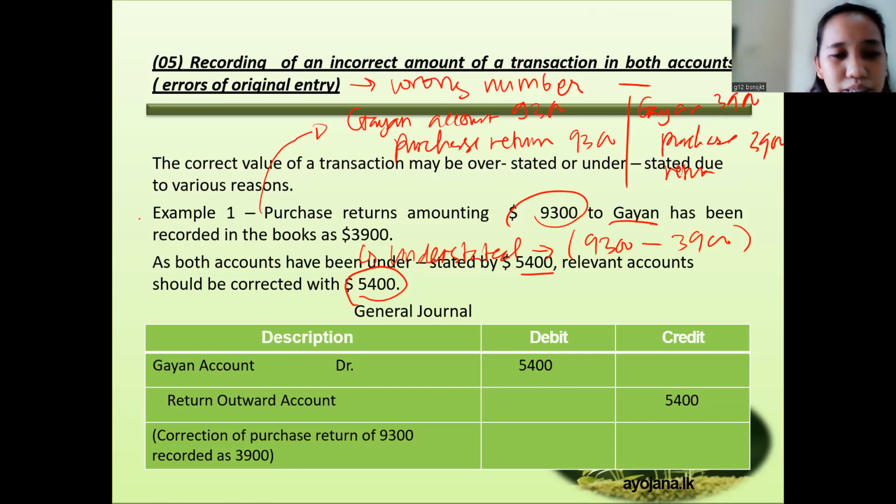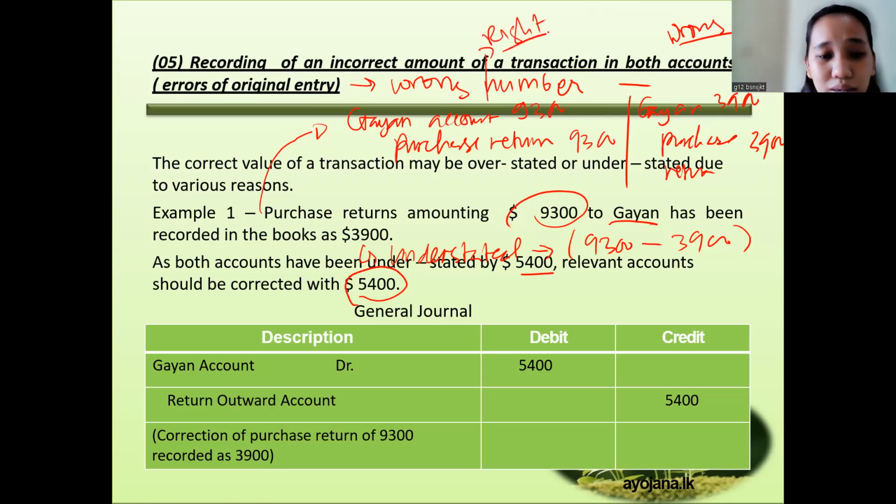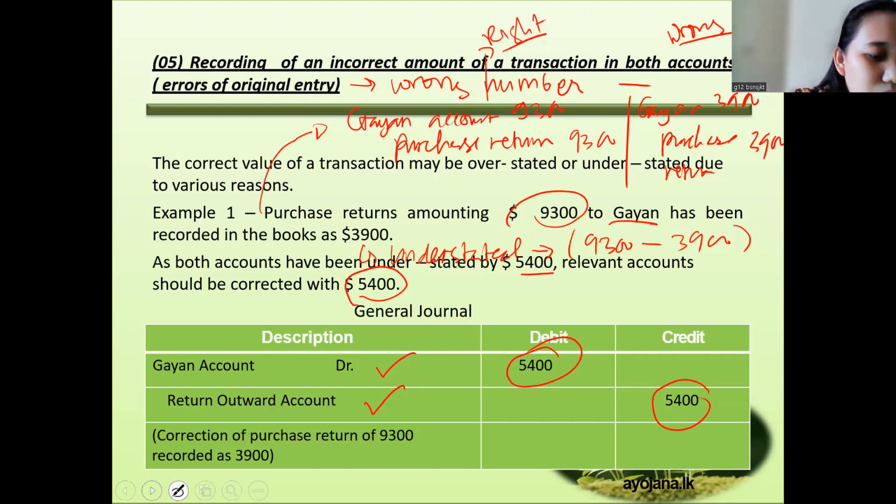For example, purchase return amounting to 9,300 to Gayan. Okay, but we wrote this one. So this is the wrong amount. This is the right amount. So it means that it will be understated. We need to add more. So we add to Gayan, we put it beside. We add to purchase return, or sometimes it is called return outward. We add them at the same position. Just put the difference, 5,400, 5,400. Okay, that will be for number 5.